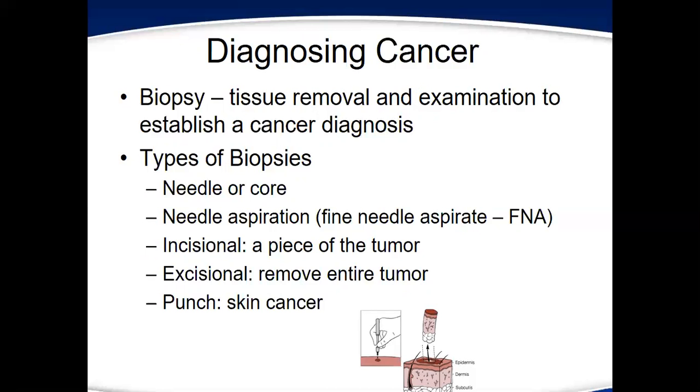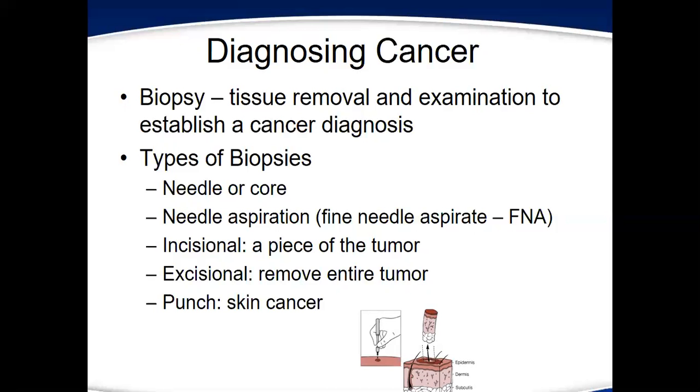There are different types of biopsies, which include needle or core biopsy, needle aspiration, sometimes called fine needle aspirate, or FNA, an incisional biopsy, which is just a piece of the tumor cut out, but not the whole entire mass. Then there's an excisional biopsy, where they try to remove the entire mass or tumor.